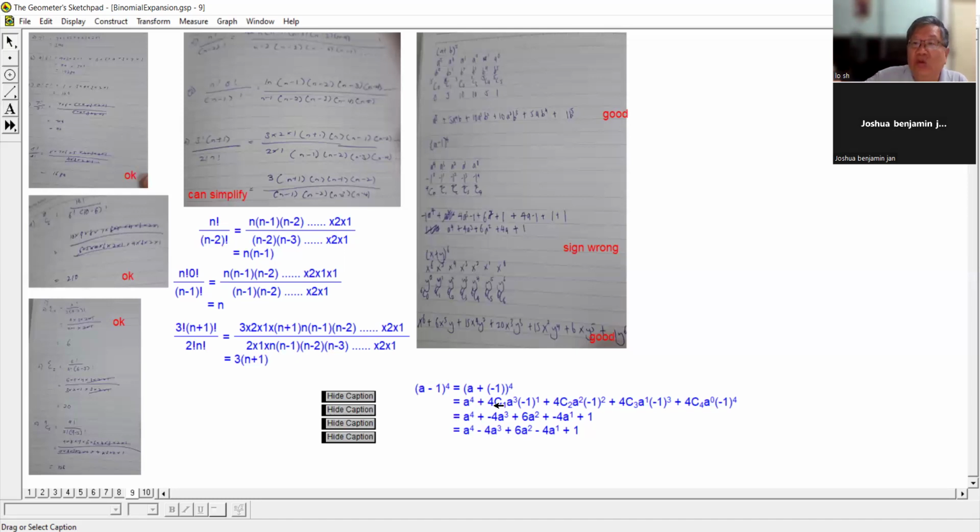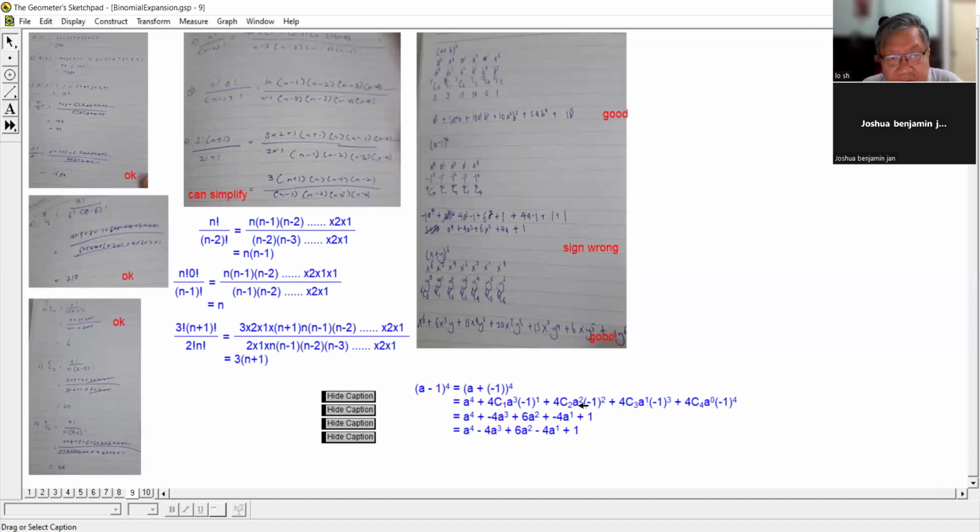There is a relationship between them. By now, you should be able to see the relationship. Okay or not? Can you see the relationship? Yes, okay.